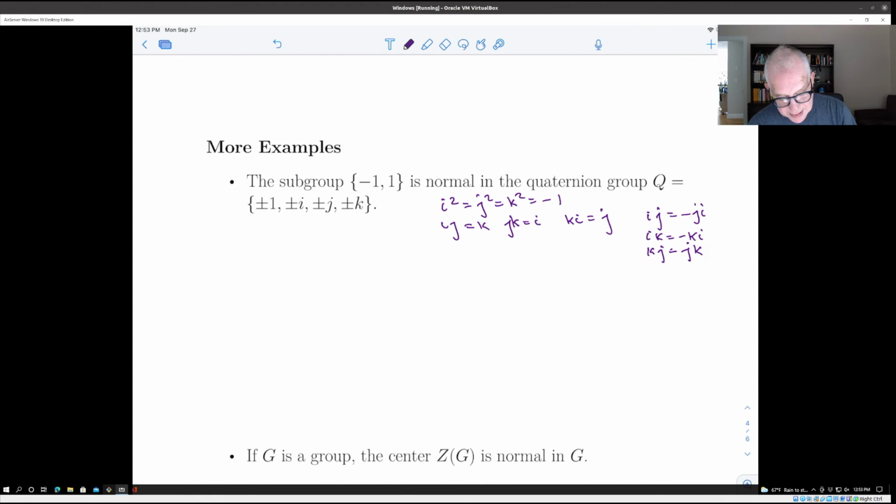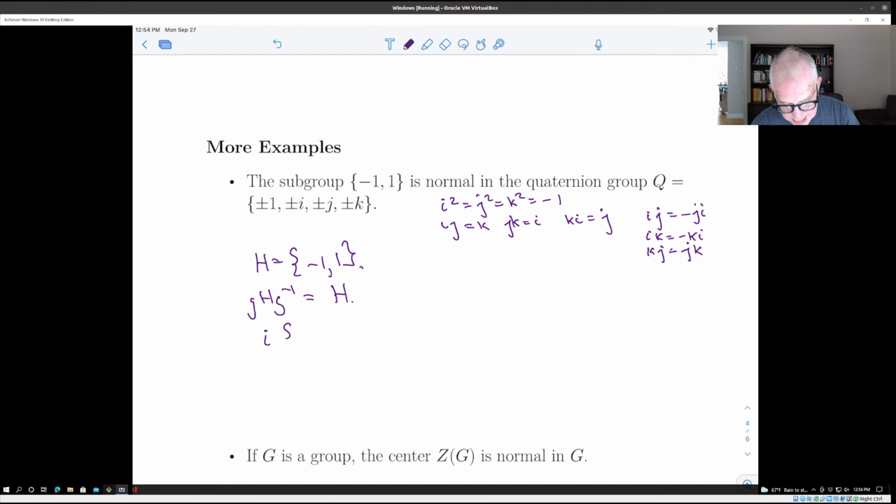The claim is that this 2-element subgroup {-1, 1} is normal. For that, let H be {-1, 1}. Then we have to check that GHG inverse equals H. Here you really just have to worry about i, j, and k.